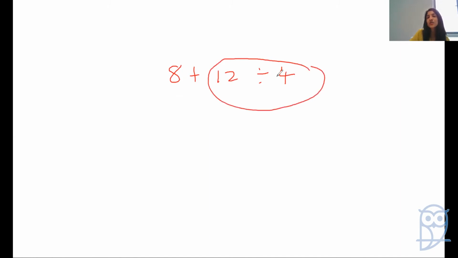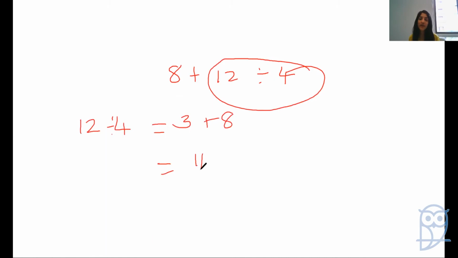We start with division. 12 divided by 4 is equal to 3, plus 8, and our answer is 11. That explains why Mike is incorrect, and why the answer is not 5, because of the order of operations.